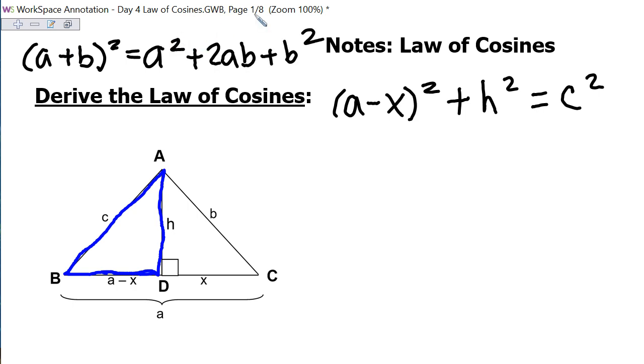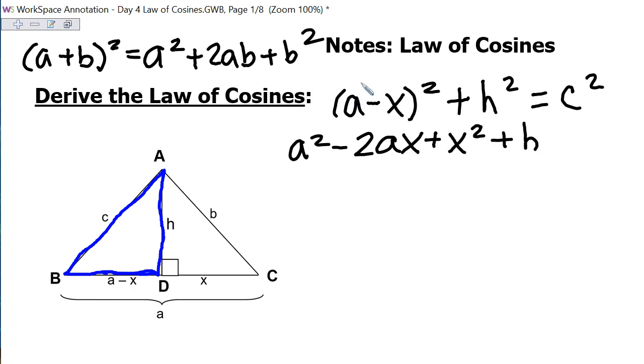So using that shortcut, if I square the first term, that gives me a squared. Multiply them and double it, that gives me minus 2ax. And square the last one, and that gives me plus x squared plus h squared equals c squared.